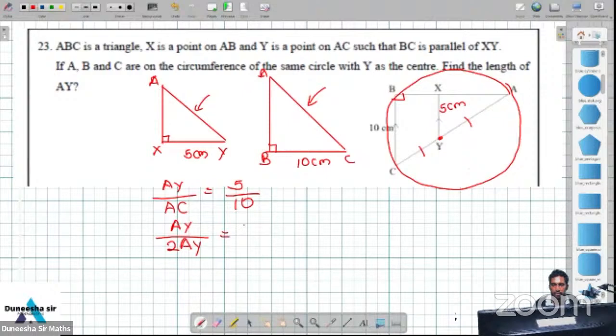AC is equal to 2AY. 5 divided by 10. Okay.